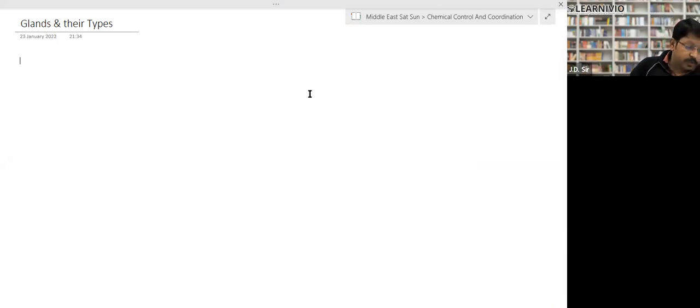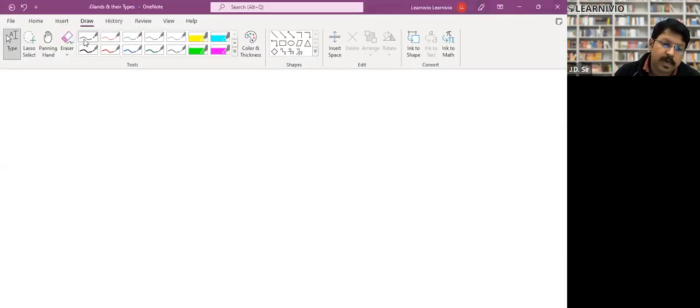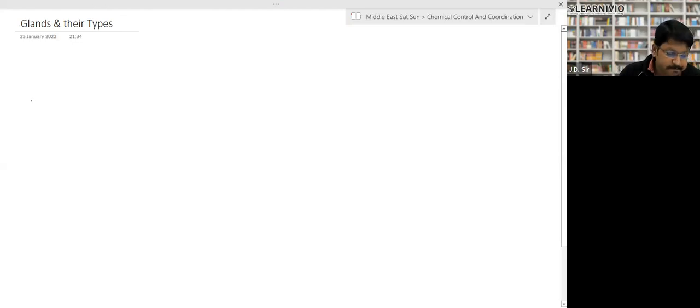Before going deep into that, I want to let you know what types of glands are found in the body of all animals, not only the human body. Glands are structures made up of glandular epithelium, and they secrete some biochemical substance. That may be an enzyme, that may be a hormone, right?